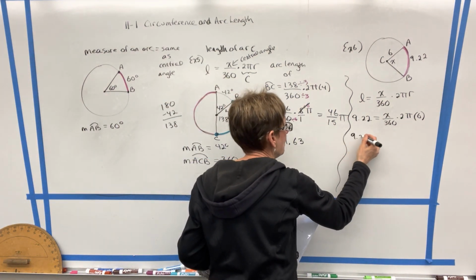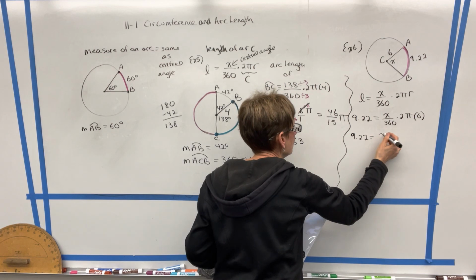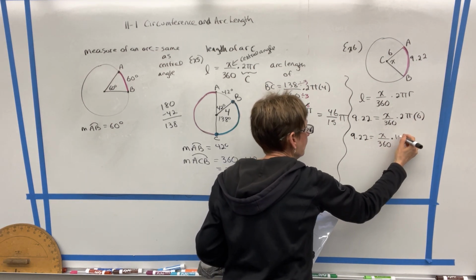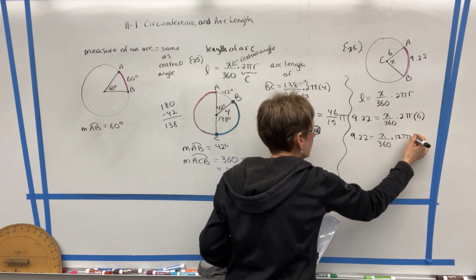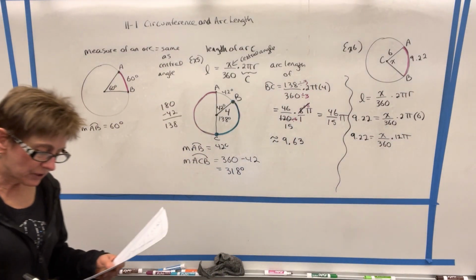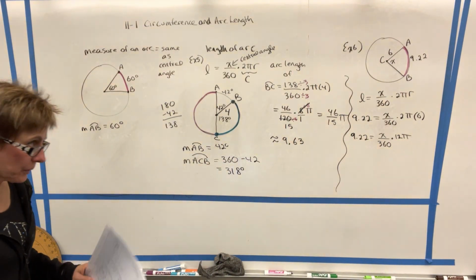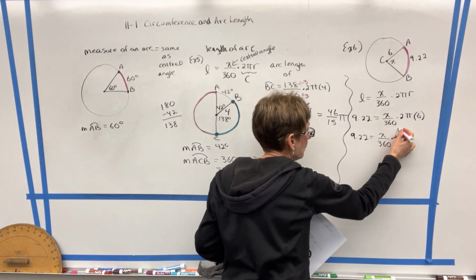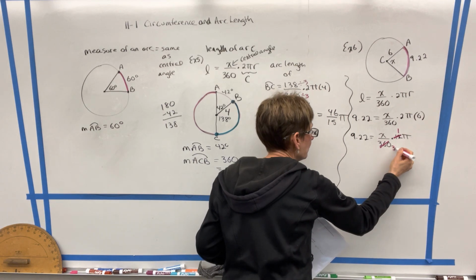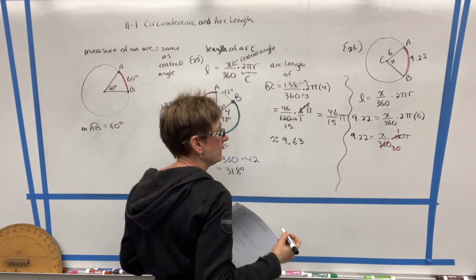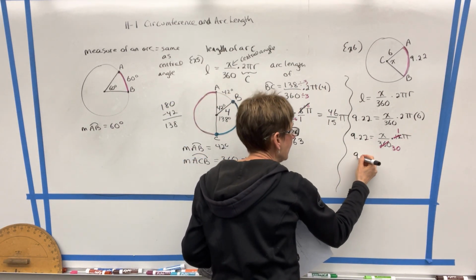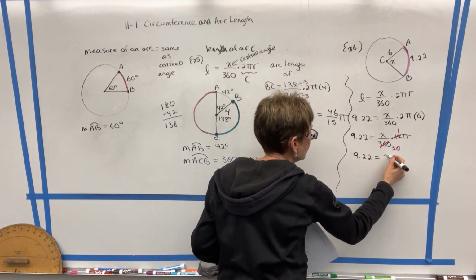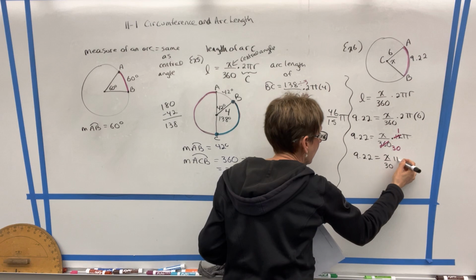I can bring down my 9.22. 2 times 6 is 12. 12 does go into 360 30 times. So I'm going to cross this out and put a 1. Cross that out and put a 30. So now I have 9.22 equals x over 30 pi.